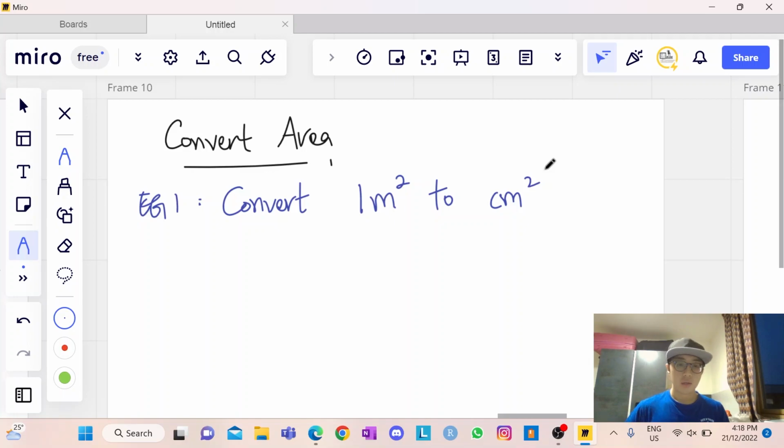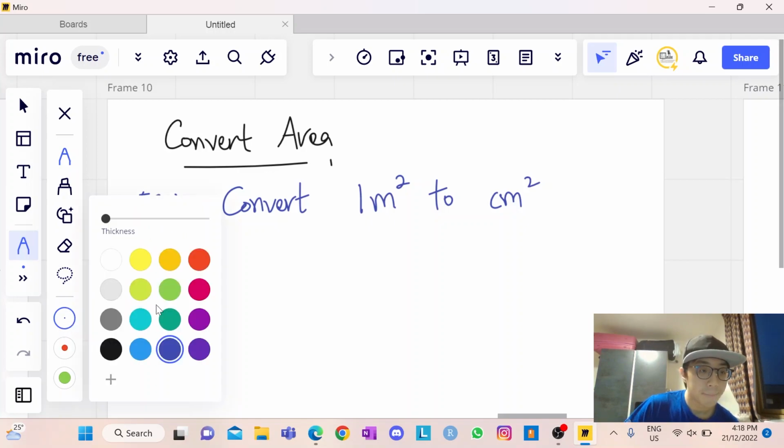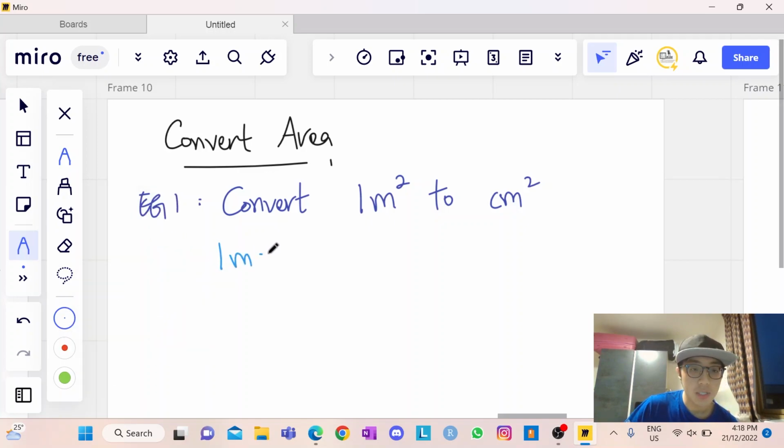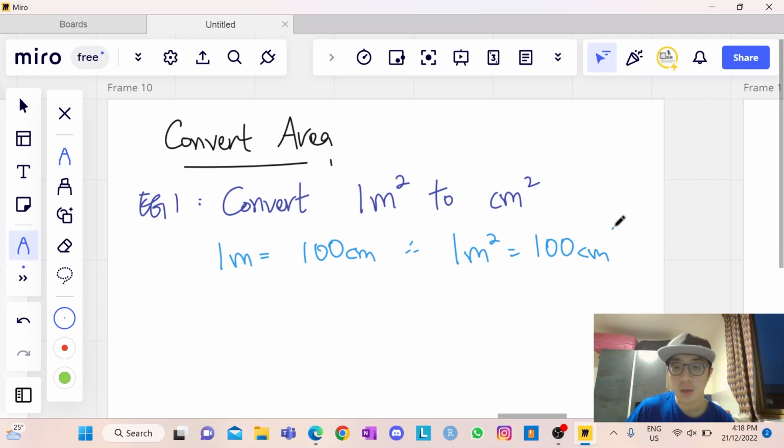This time it's a little bit tricky, because if you say 1 meter is equal to 100 cm, therefore 1 meter square is equal to 100 cm square, then this is totally wrong, because there is a square.